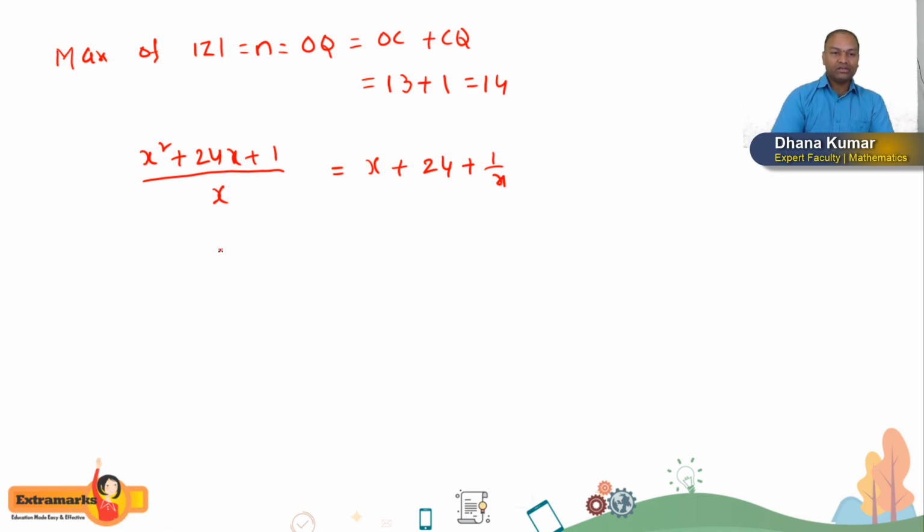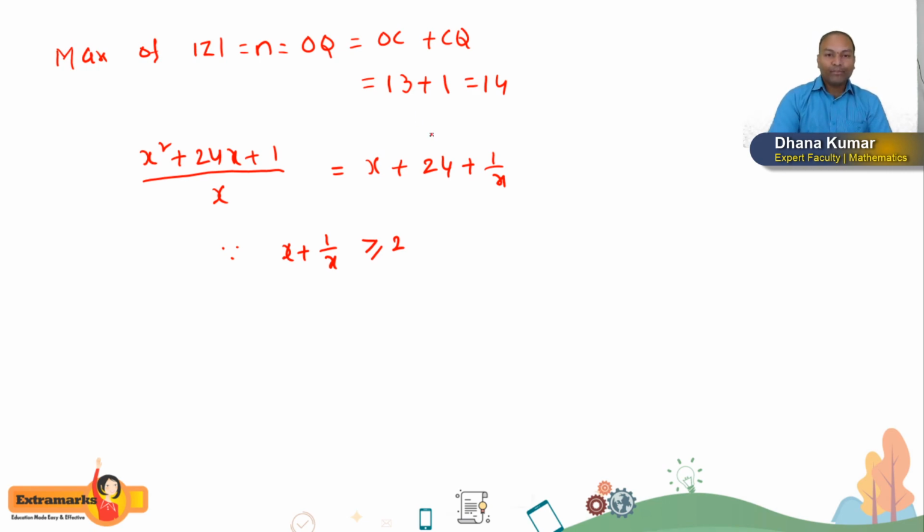Since x plus 1 by x is always greater than or equal to 2 because x is positive, found using AM greater than or equal to GM.